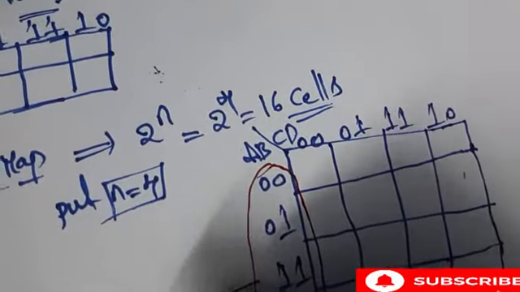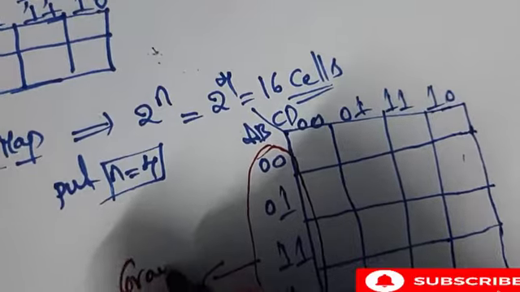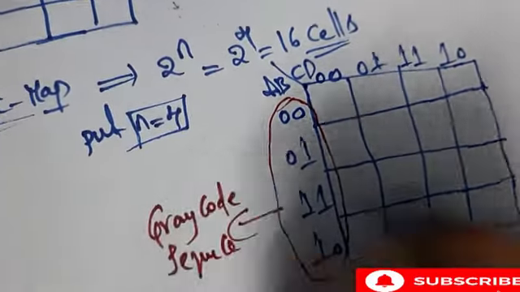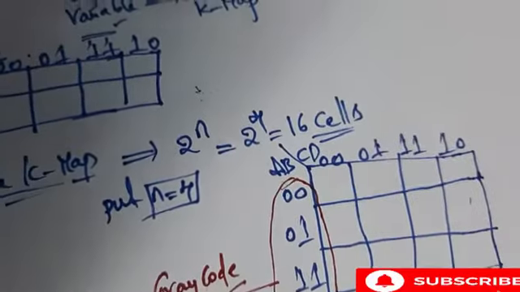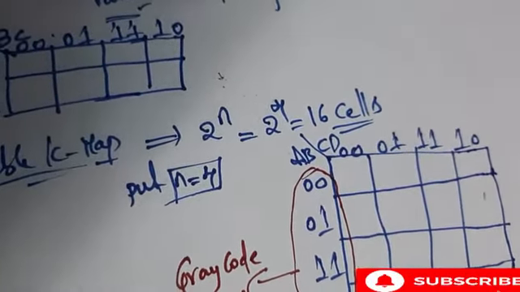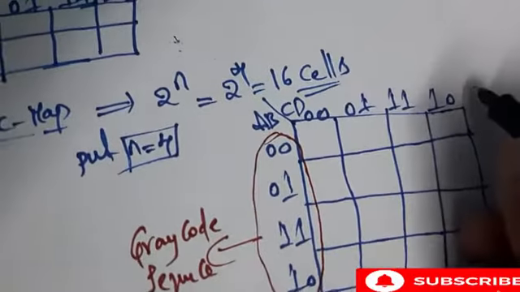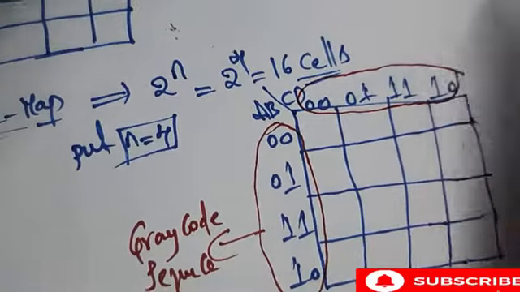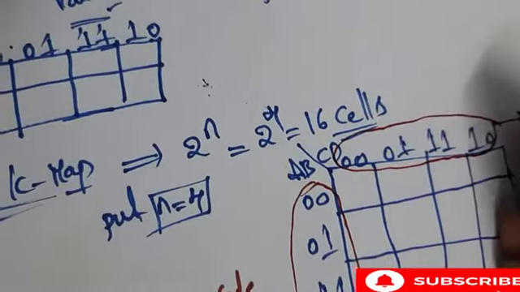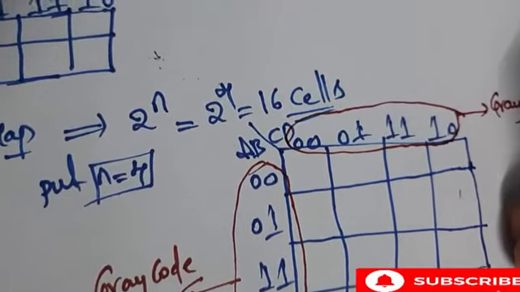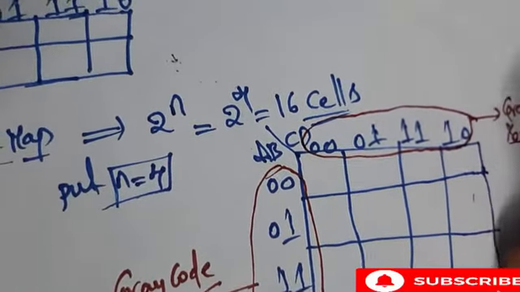The values of CD are also in Gray code sequence.